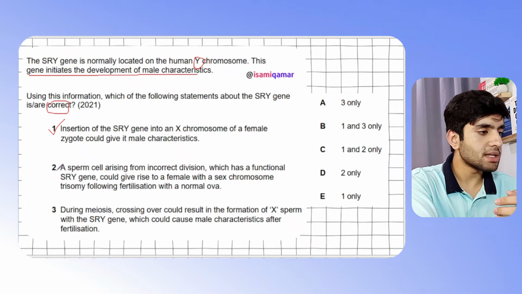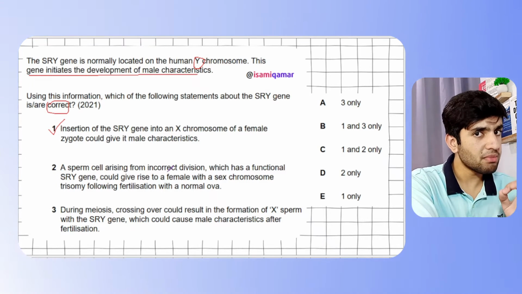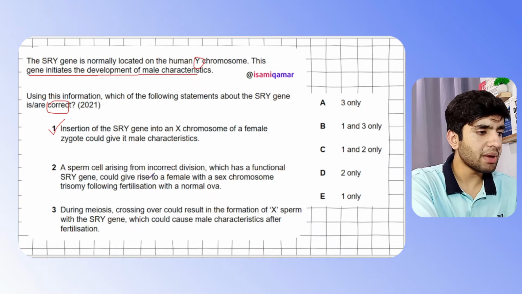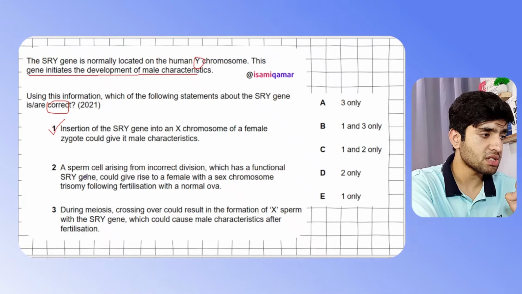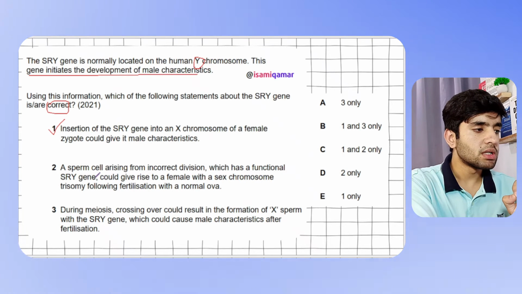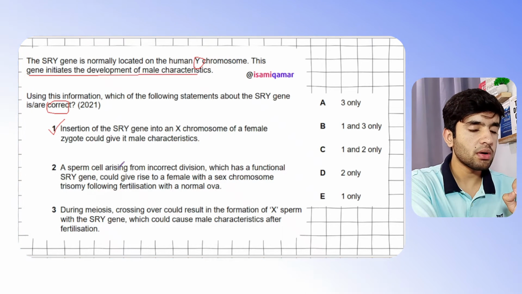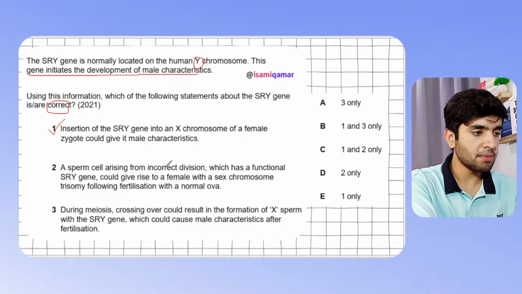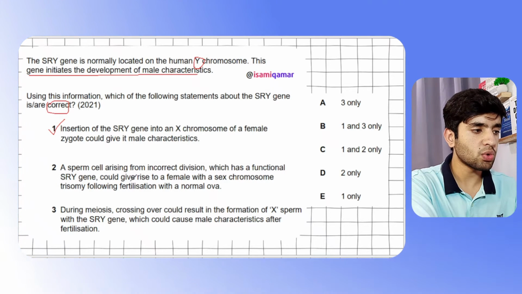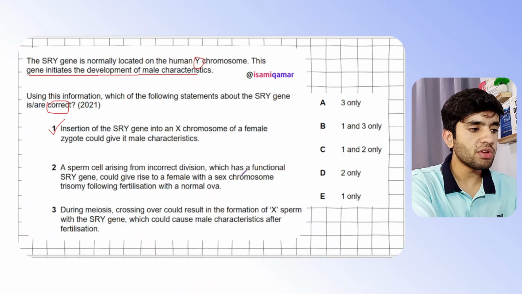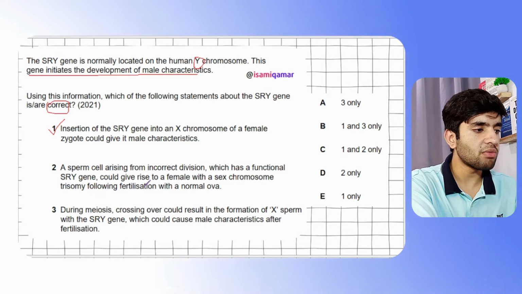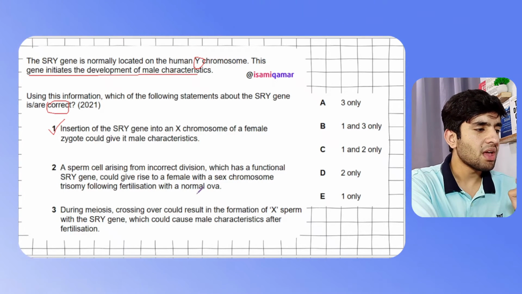Now the second statement says a sperm cell arising from incorrect division, which has a functional SRY gene, could give rise to a female with a sex chromosome trisomy following fertilization with a normal ova.